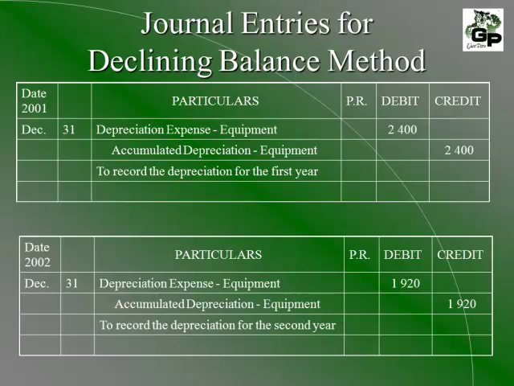And we're recording the depreciation for the first year. In year 2, the depreciation expense is $1,920, which we saw previously on the schedule. The accumulated depreciation for equipment is $1,920, and this is to record the depreciation for the second year.